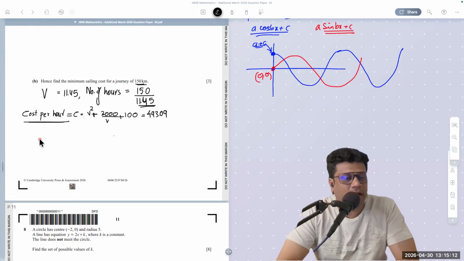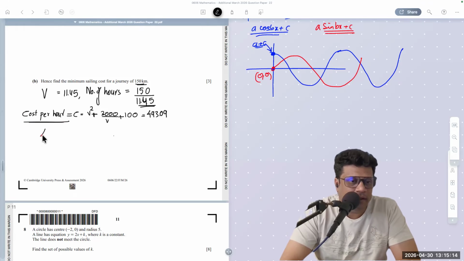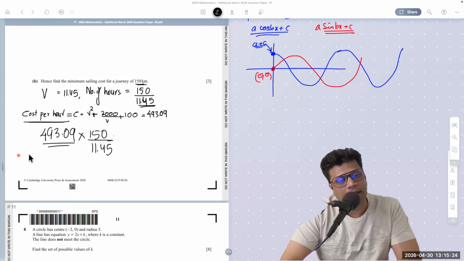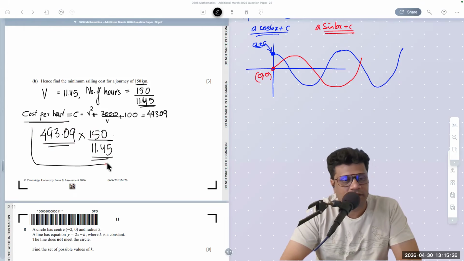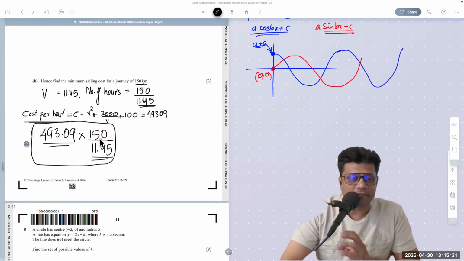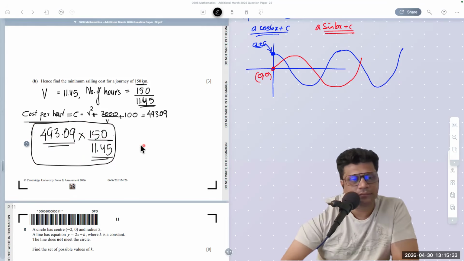How many hours have you actually spent? Well, 493.09 is the cost per hour multiplied by the number of hours you've spent. Okay, that is the minimum cost. Now, see, there are many mistakes one can make here.